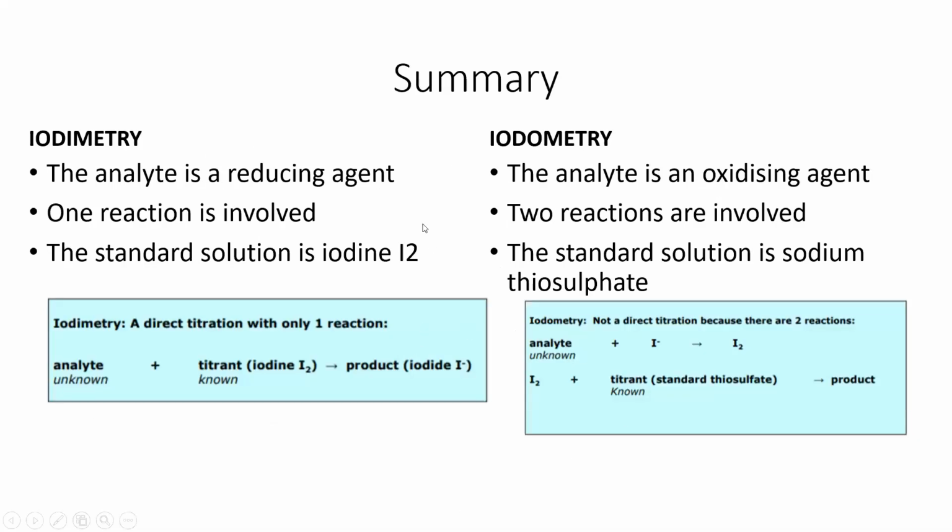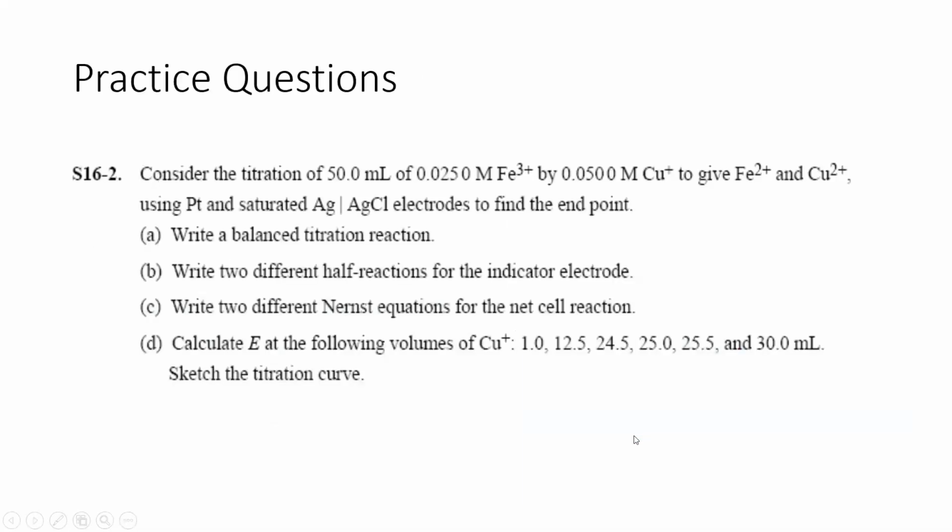So this is just the difference. In iodimetry, the analyte is the reducing agent, there is one reaction step, and the standard solution is iodine. In iodometry, the analyte is an oxidizing agent like your peroxide. We have two reaction steps, and the standard solution used here is sodium thiosulfate.